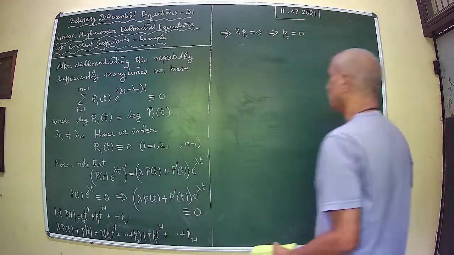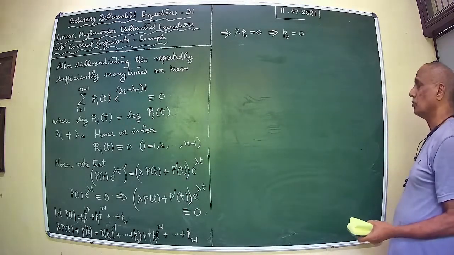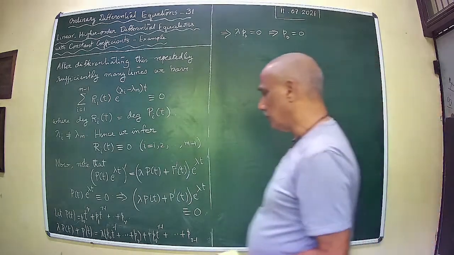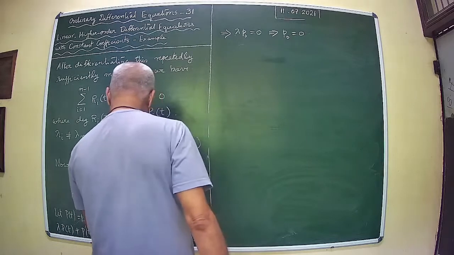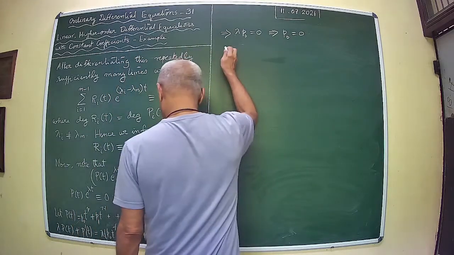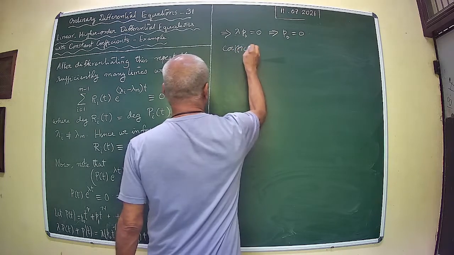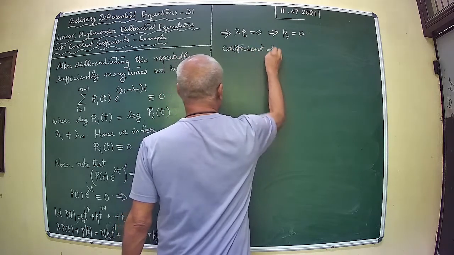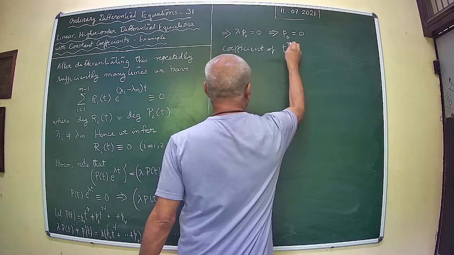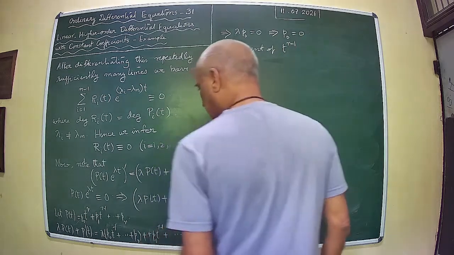P naught equal to 0. Okay. So P naught equal to 0. What about the coefficient of t to the power r minus 1?